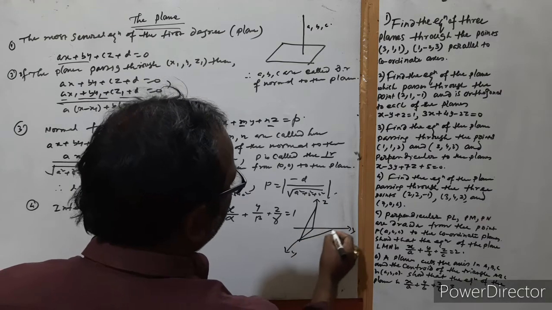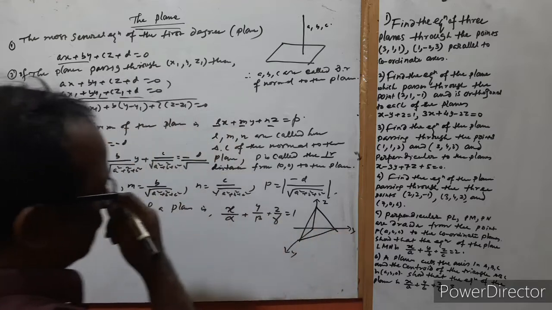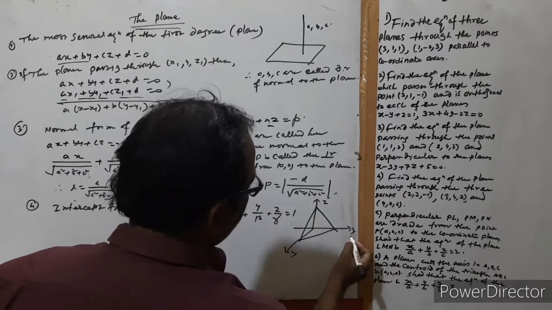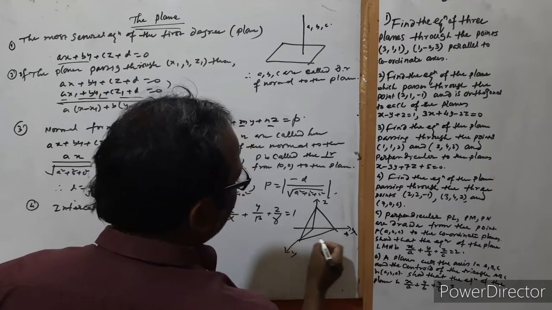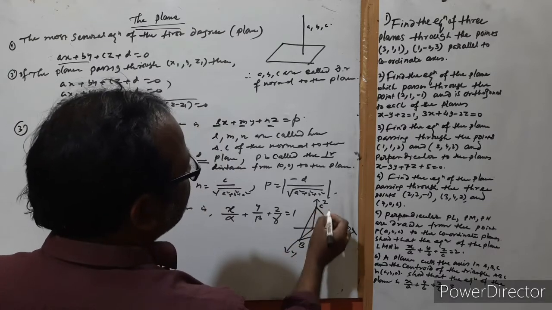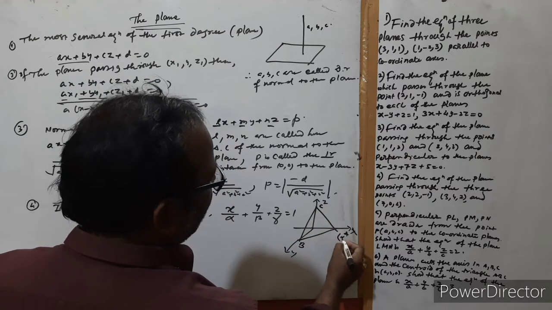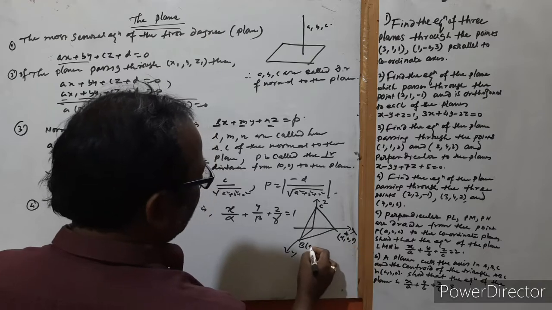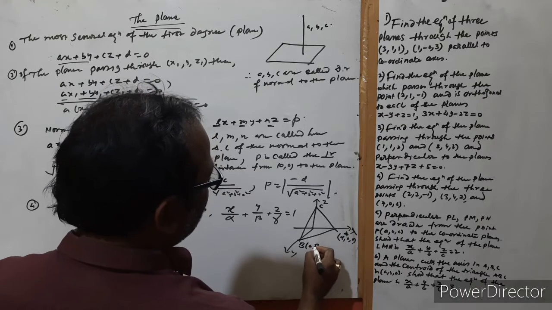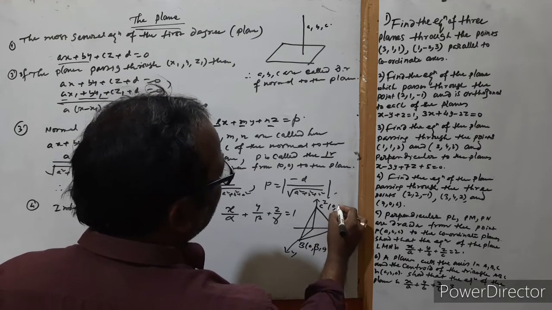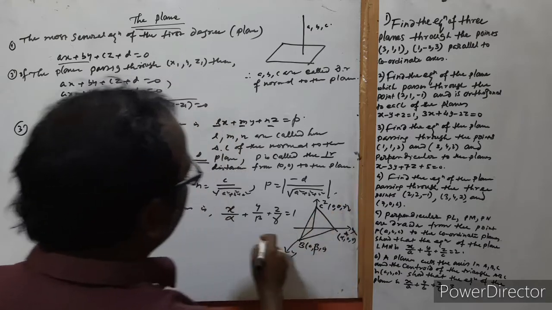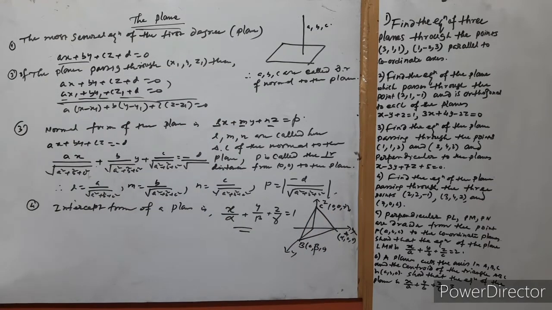So this form is called the intercept form, and the plane intersects the x-axis at A, the y-axis at B, and the z-axis at C. If the coordinates are alpha comma 0 comma 0, and 0 comma beta comma 0, and 0 comma 0 comma gamma, then we get this equation. Okay, this is called the intercept form.